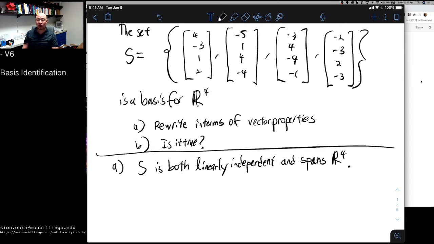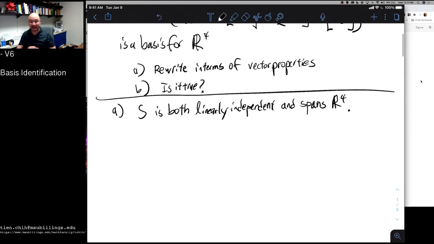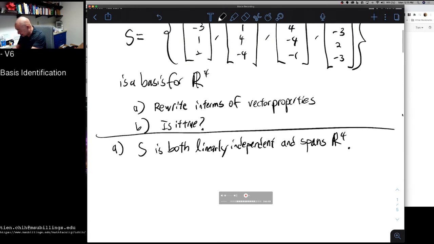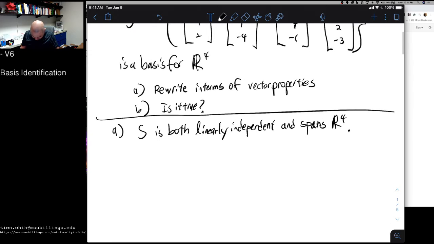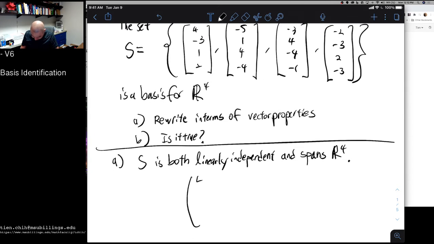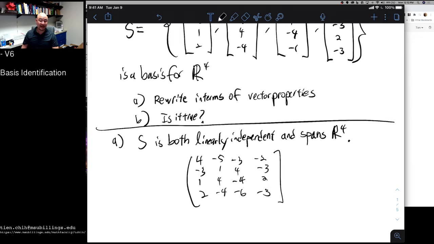And if I want to see if it in fact does this, what I need to do is make a matrix of values and find its reduced row echelon form.